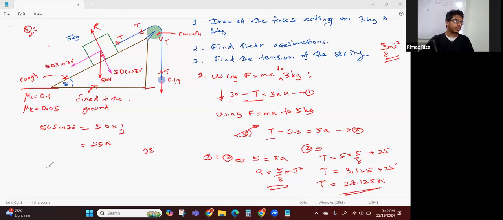You mean this one, mu. Okay. So here this is rough now. So now when you are finding the acceleration, you have the friction, no? So to find the friction, you need to know these values, right? Otherwise, you can't find the friction, no?